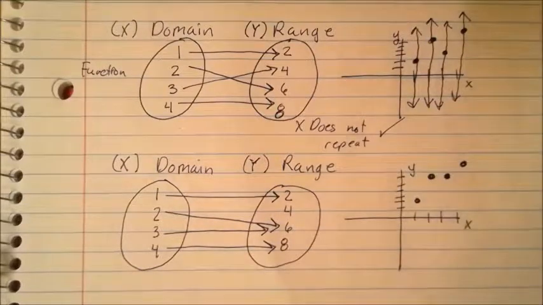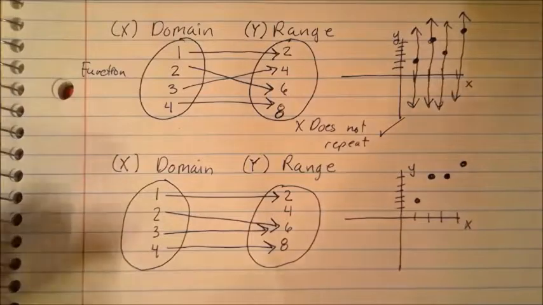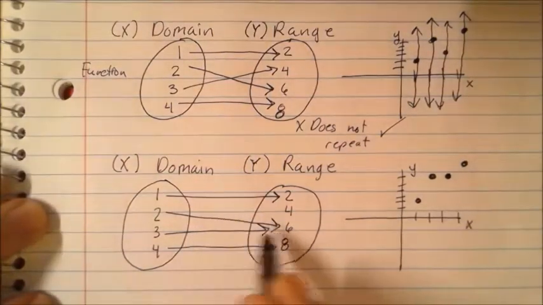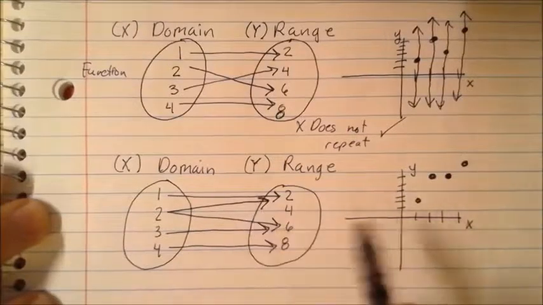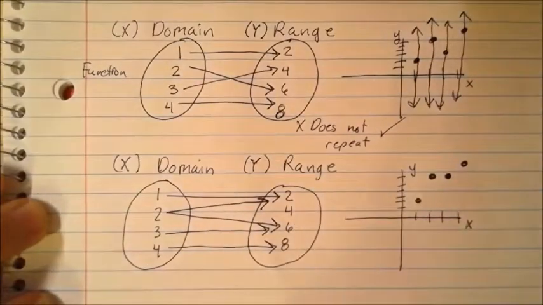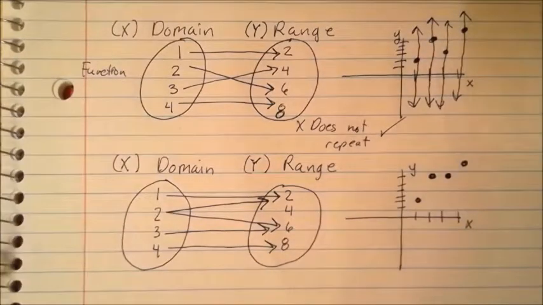Now what can make it not a function, say for example that we took this 2, and I also said that 2 also has a relationship with this 2 up here. So notice when I had 2 x values going to one y value, that was fine, because we can have a same y value assigned to our x values.